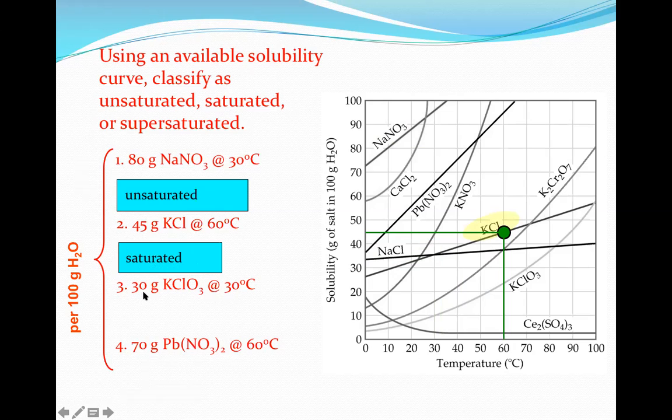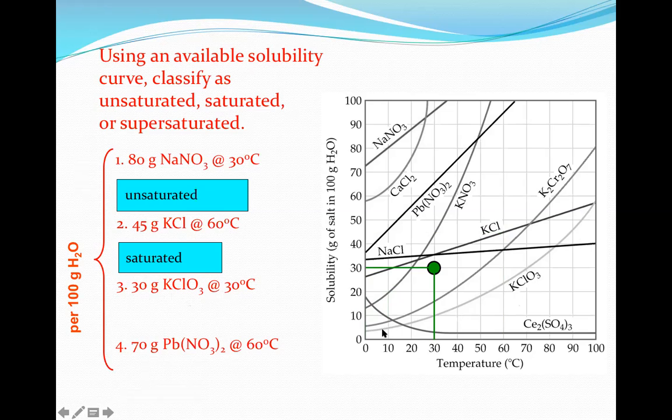Let's look at another example. 30 grams of KClO3 at 30 degrees Celsius. So here's that line right here, KClO3. All right, so we're gonna go 30 grams at 30 degrees Celsius. So 30 and 30, right there.